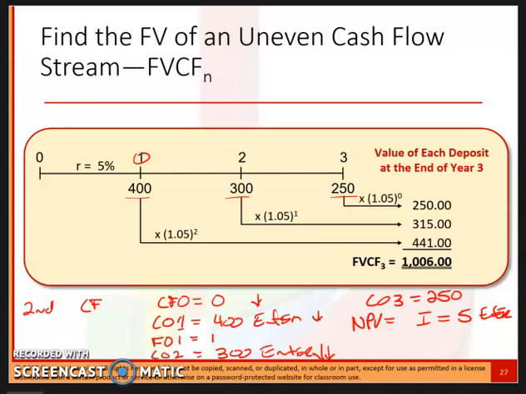To get to net future value, which is what you're looking for, you need to go down twice. So that's 2 arrows, and hit compute, and you would get $1,006. A little cumbersome, but probably easier than doing all of these individually.